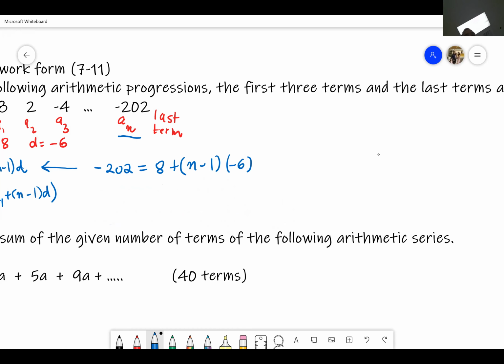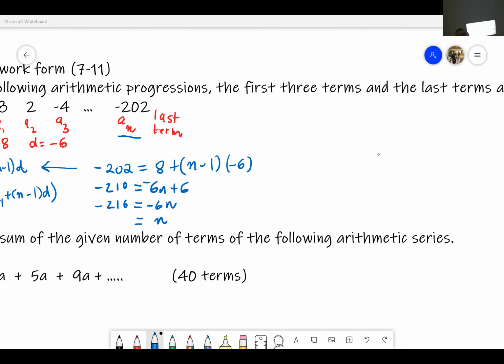I'll end up with -210 equals 6n plus 6, I believe. And then when I subtract the 6 over, it's -216 equals -6n.